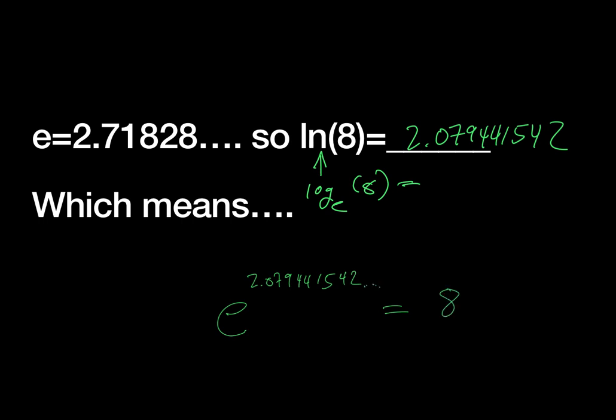And I want you to type that into your calculator because we're going to be using E as well. So go ahead and hit your E to the X. Type 2.079441542, then hit the E to the X button, and it will show you E to that number. E to the X is right above the natural log on the calculator.